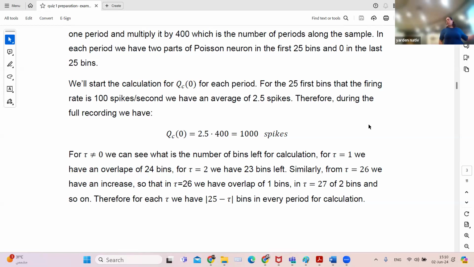Is that clear so far? Therefore, for each tau, we have the absolute value of 25 minus tau. You don't really have to write it, but this is just another way to express this linear decrease and linear increase in every period for calculation.